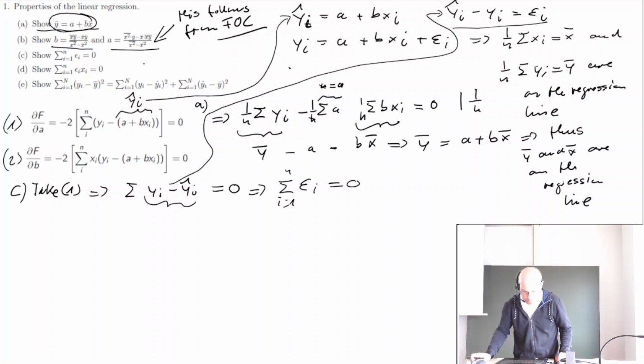So what do we have also? The sum of the weighted errors, where the weights are the measured x values, is also 0.